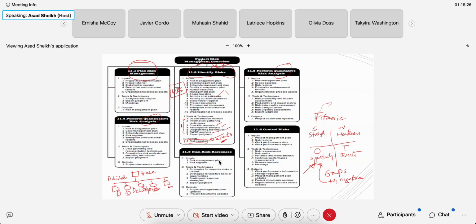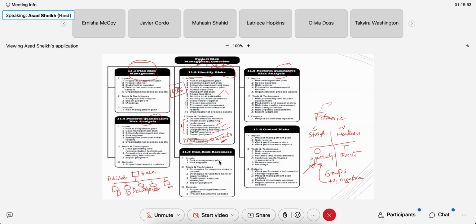Or you could say it is hot. It's going to be hot at this time of the year, and you can specify how hot. Or it's going to be cold, and you can specify how cold. And you can even talk in terms of probabilities. High probability of 80%, low probability of 20%, 10%. So you can talk in terms of probabilities when we talk about quantitative risk analysis.